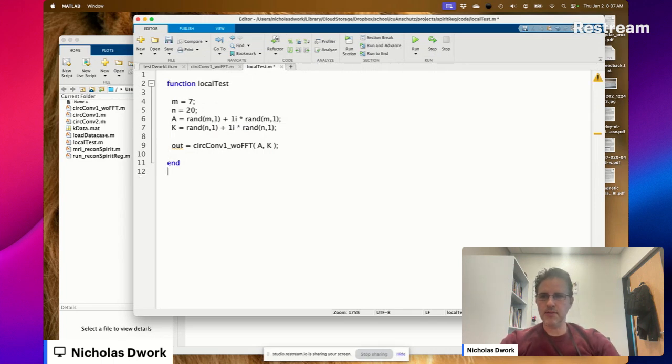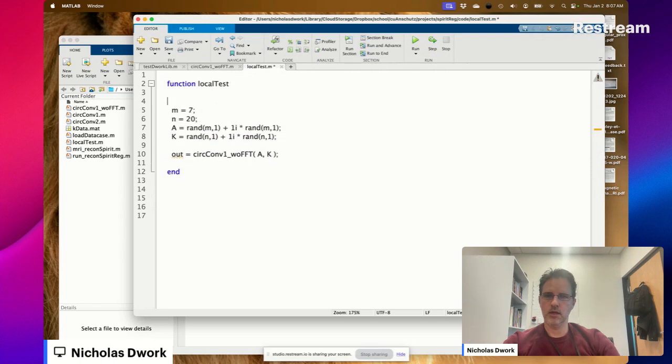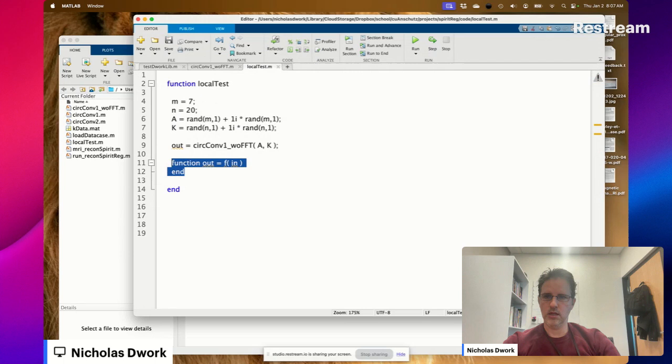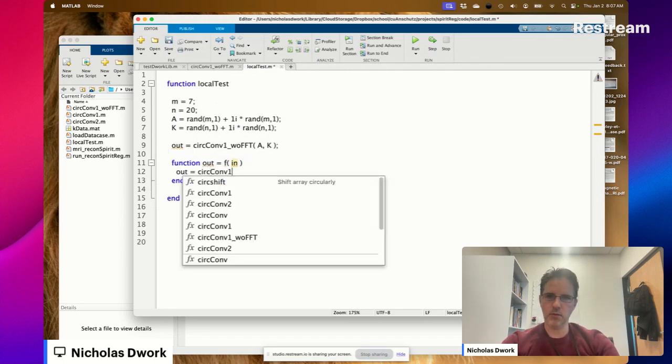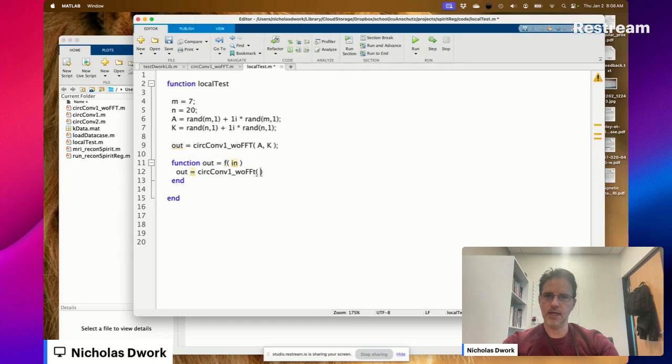So here I'm thinking of this as function out equals f of in. And f is equal to circconv1 without f of t of a and in.